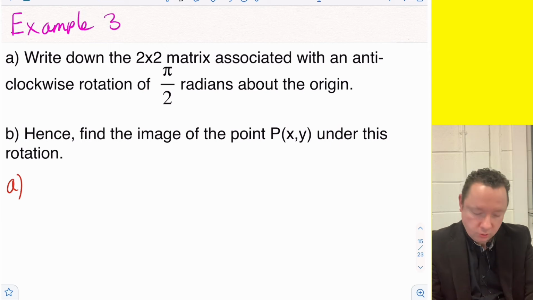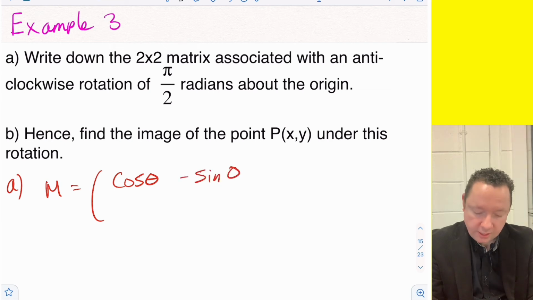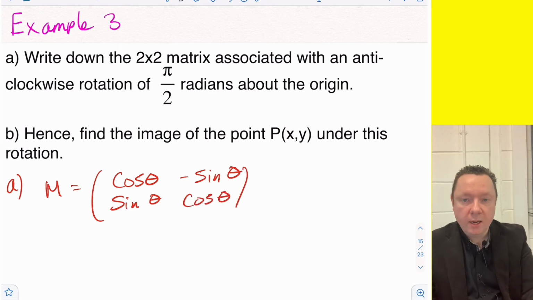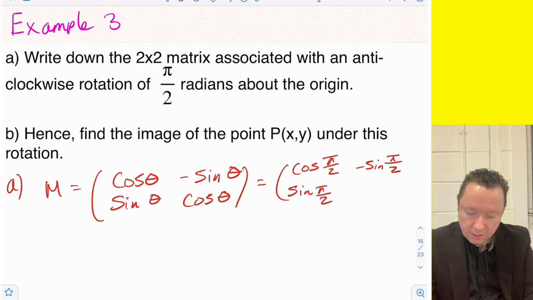Pi over 2, so M, remember, from the exam sheet is cos theta, minus sine theta, sine theta, cos theta. So we can substitute pi over 2 in: cos pi over 2, minus sine pi over 2, sine pi over 2, and cos pi over 2.